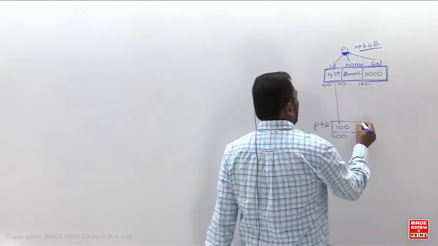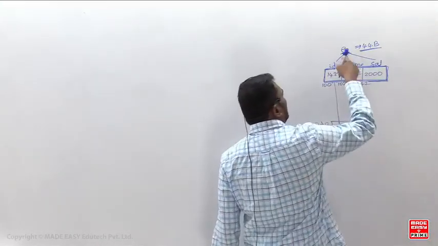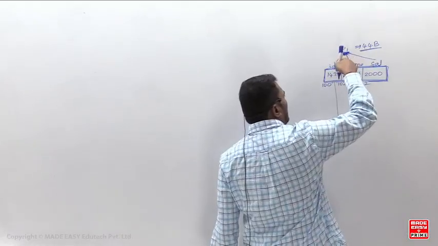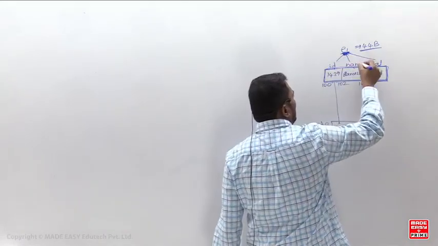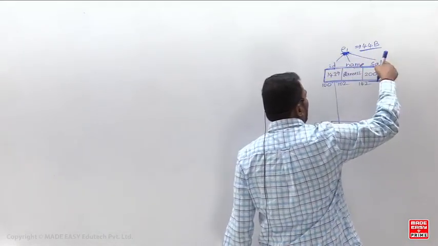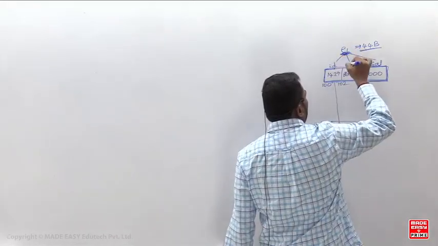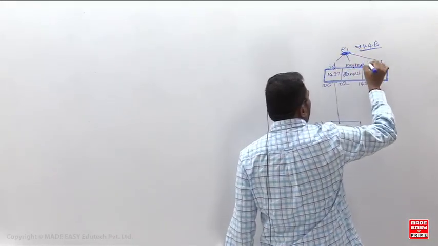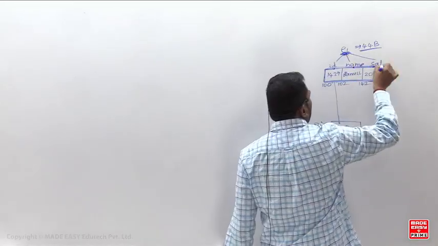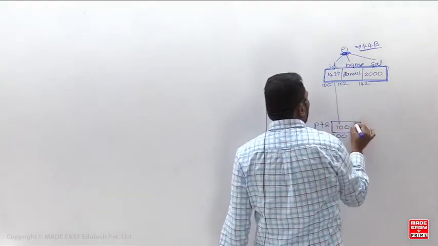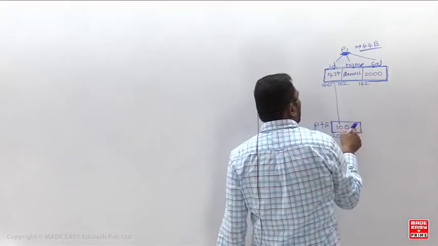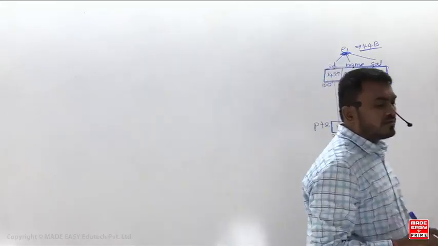Look here. In E1 you have three things: ID, name, salary. But in the PTR you have only one box. Why? Tell me the reason. Yes, Preeto Saha.